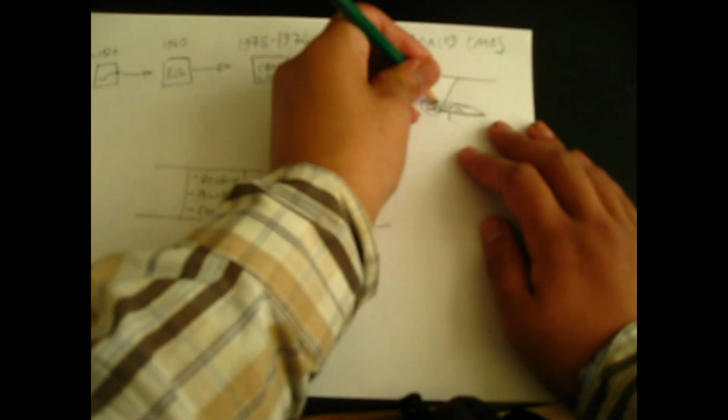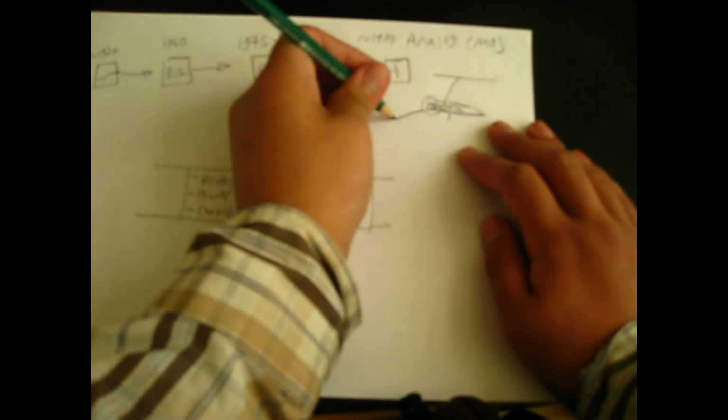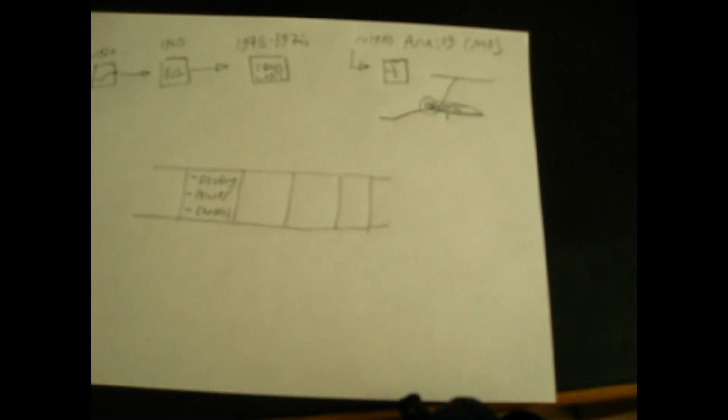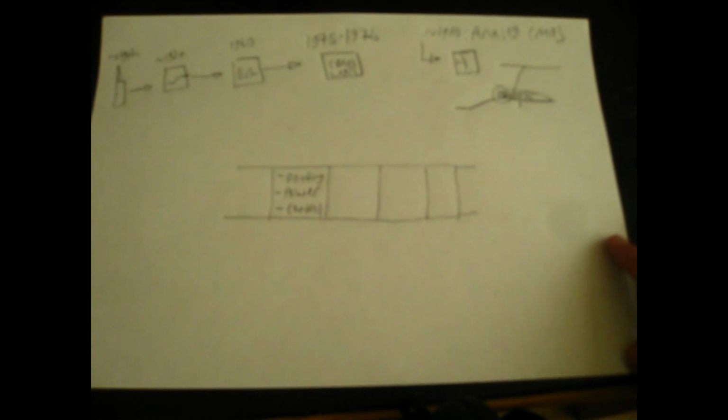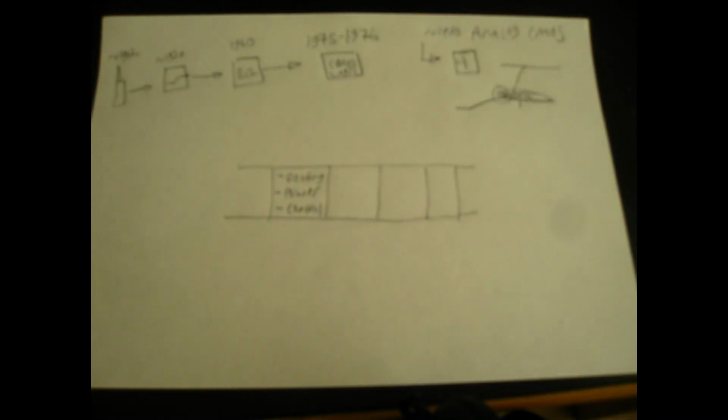Now let's zoom a little bit into this little section over here. This is train control, which actually also was an ancient idea from the early 1900s, maybe even earlier.